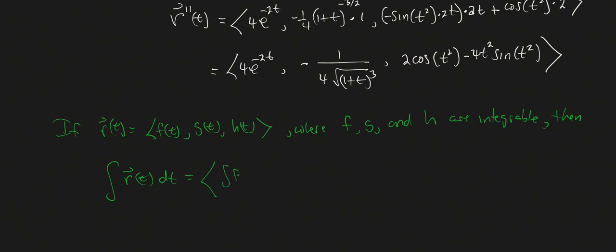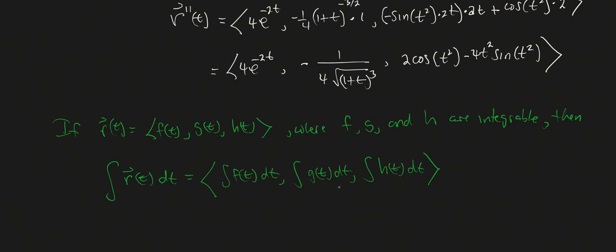So it's the antiderivative of f of t dt, comma, the antiderivative of g of t dt, comma, the antiderivative of h of t dt. And you will still have a constant. Now, you could write each component with its own constant, so after you integrate, you'd have a plus c1 there, a plus c2 there, and a plus c3 there.